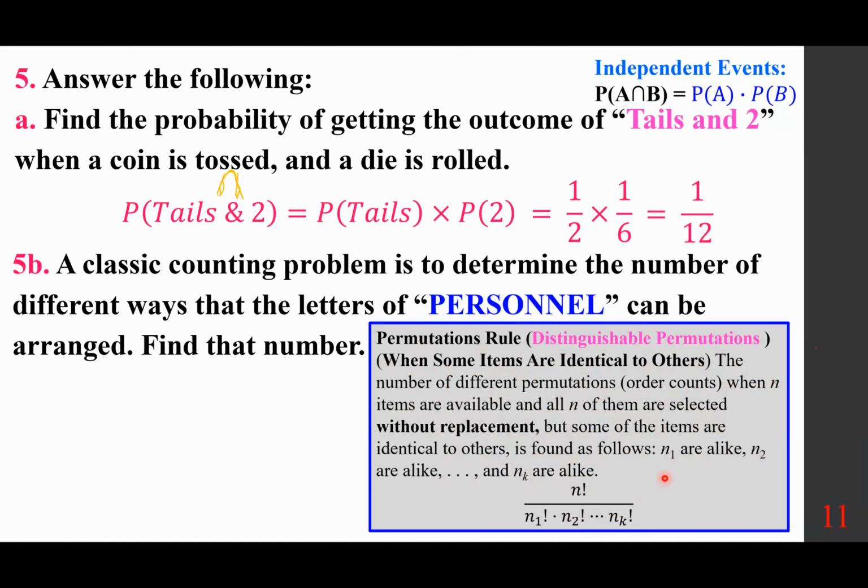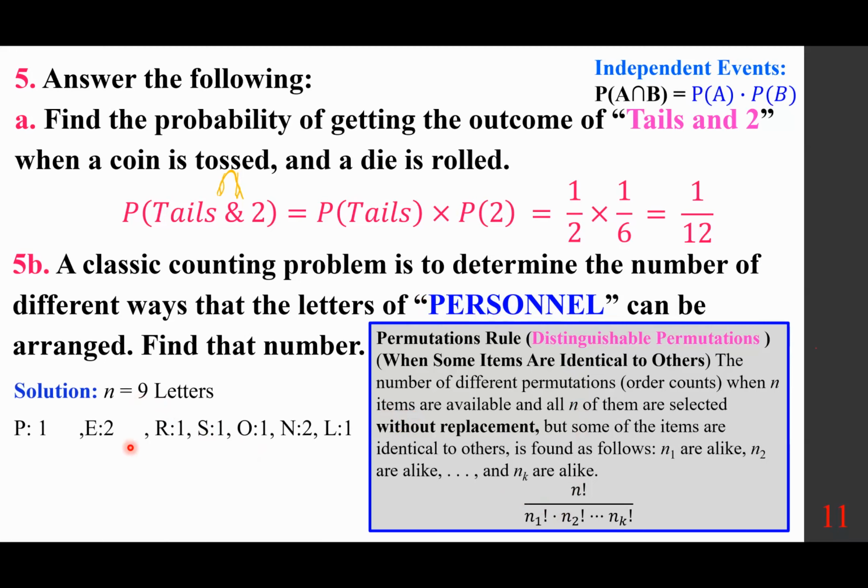So we're going to look at PERSONNEL. And we notice that it has 1, 2, 3, 4, 5, 6, 7, 8, 9 items, right? So n is 9. Then how many of each letter?